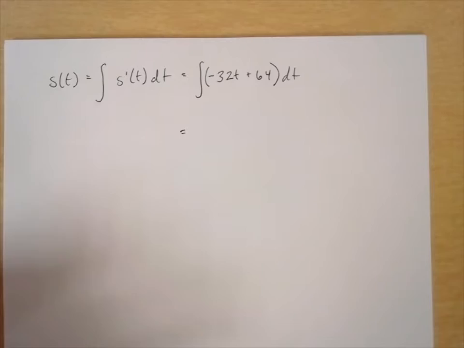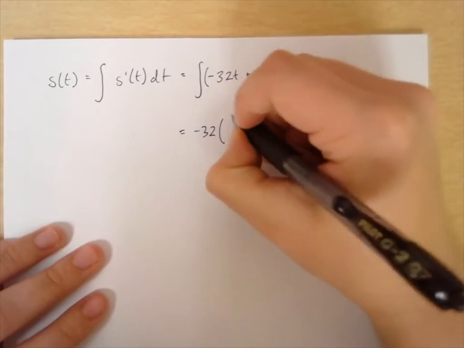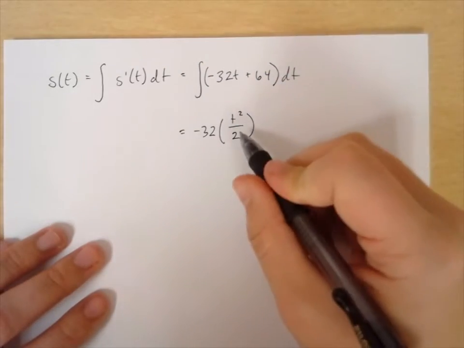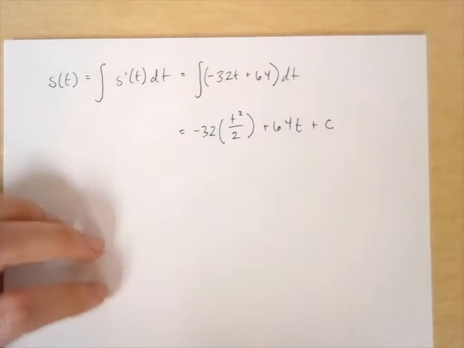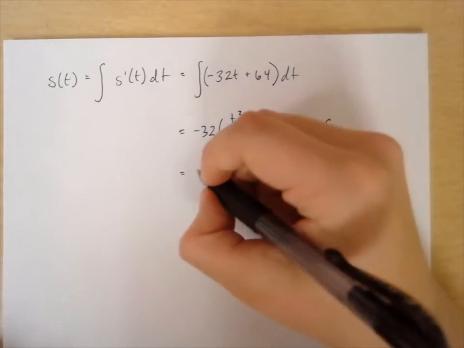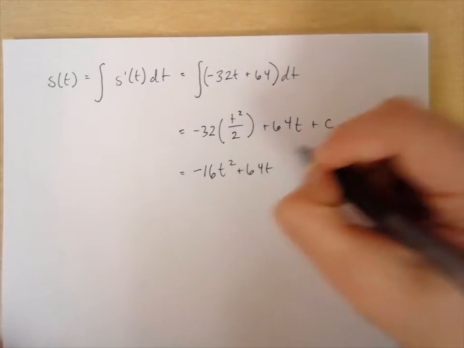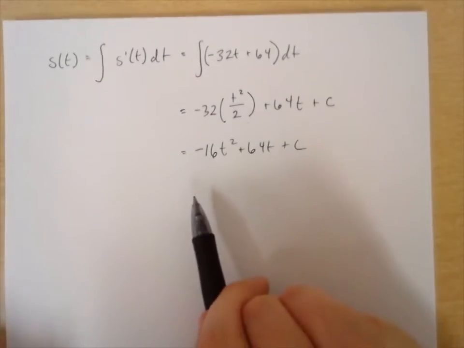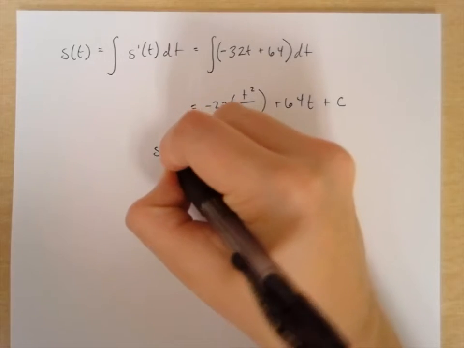And when I go through all of this, what I get is negative 32 times t squared over 2. This comes from the power rule of integration, plus 64t plus c. And when I simplify, I get negative 16t squared plus 64t plus c, because negative 32 divided by 2 is 16. All right. Again, I've arrived at a general solution for my position function.